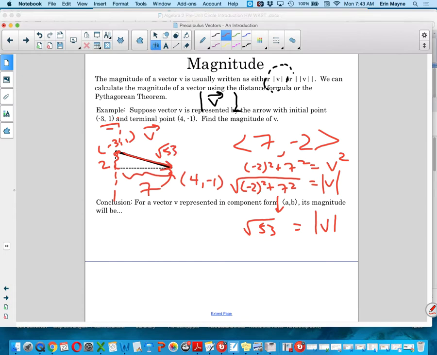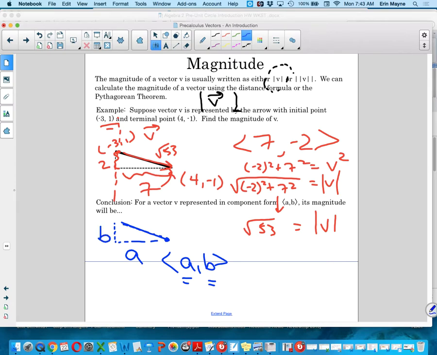So to end today, we're just going to conclude by saying we can take any vector AB, and we can recognize that this horizontal component and that vertical component, no matter how or where my vector is located, this horizontal component would be here.